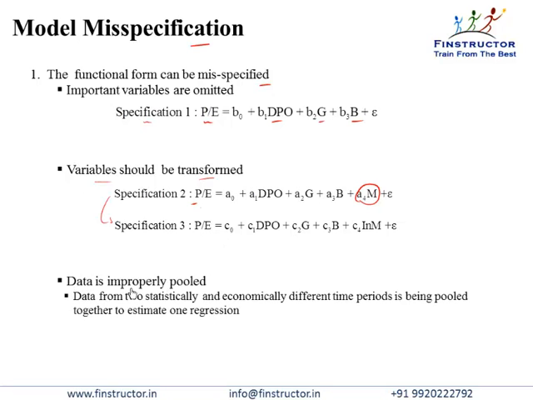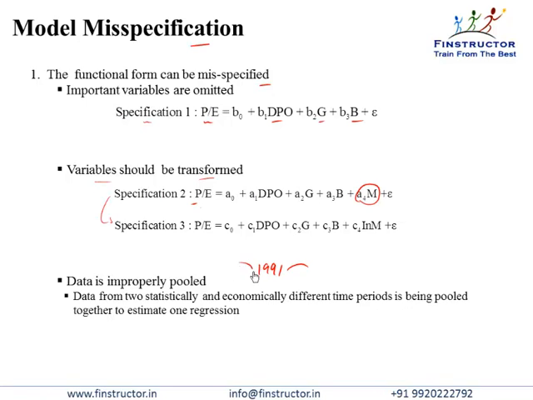The data can also sometimes be improperly pooled. So if data from two statistically and economically different time periods is being pooled together to estimate one regression equation, then that is also incorrect. That is, India before 1991 and after 1991 was practically two different countries from all economic perspectives, because it was a liberalized economy after 1991 and it was a closed economy until 1991.